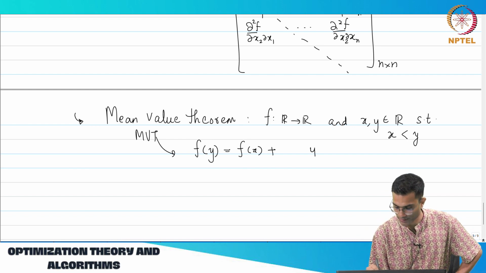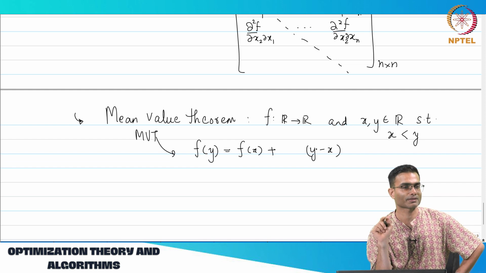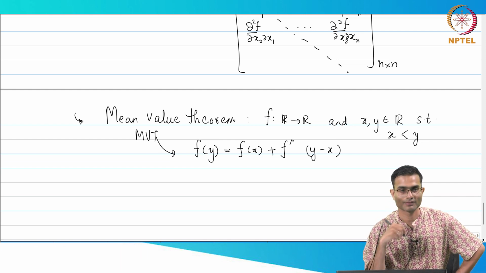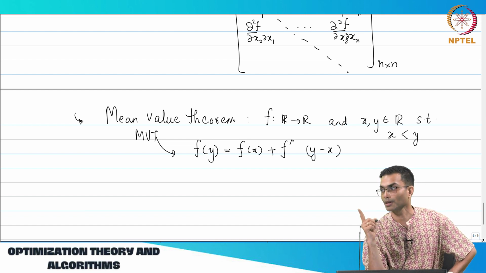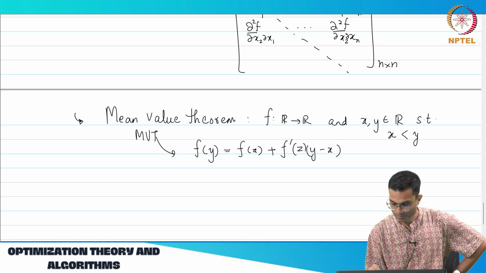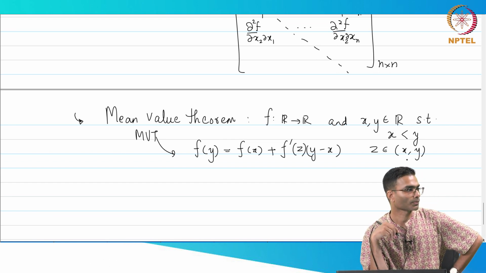There is a y minus x, and the very precious term over here, f dash of not x. If I write x, I am writing the first order Taylor approximation, but I am writing equality over here. Some z over here, z belongs to x comma y. So this is not approximate, this is exact.